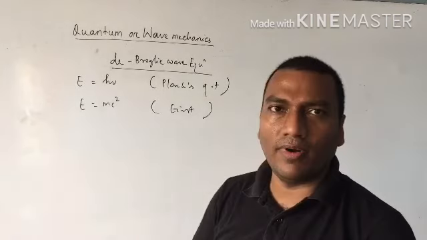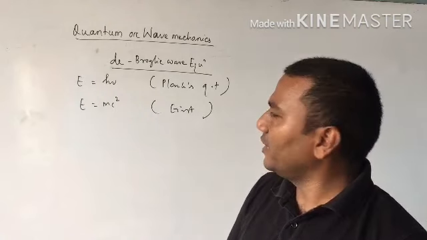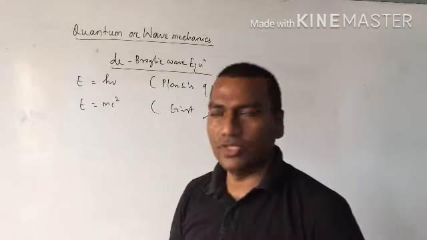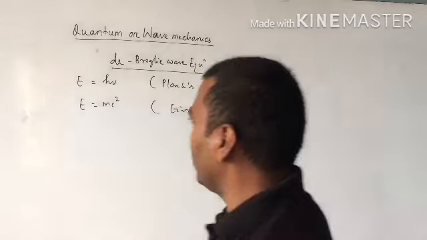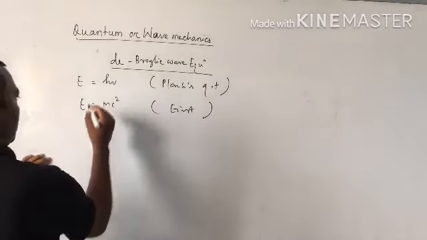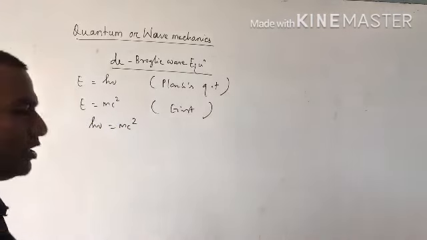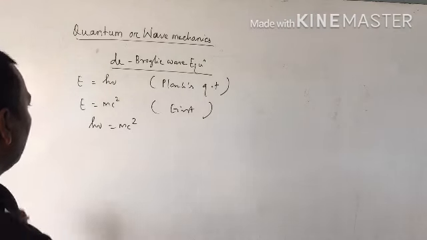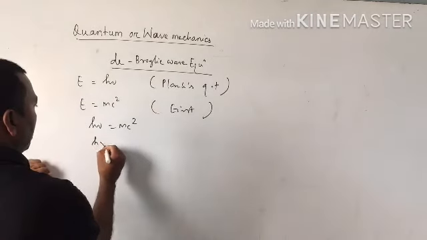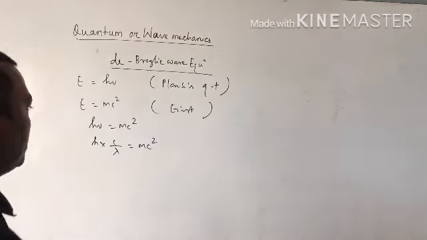So de Broglie, what did he do? He combined these two equations. When he combined them, he got the relation like this: h nu equals mc square. So nu equals c by lambda, so h c by lambda equals mc square.